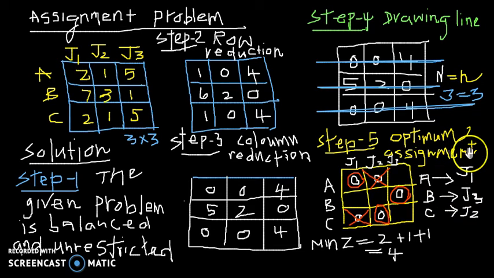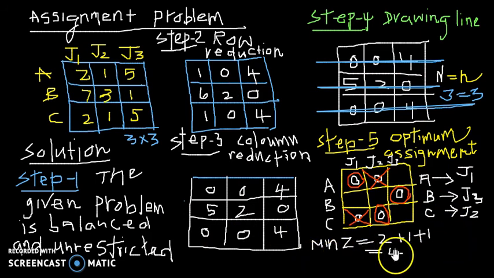So definitely this assignment will give us the optimum assignment cost for our problem. How that comes, some techniques inside this course make this final assignment which gives us the least transportation cost.